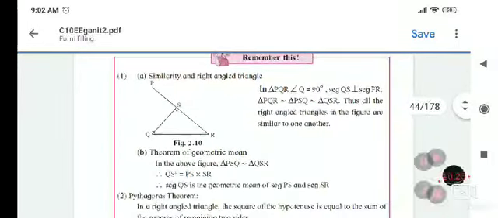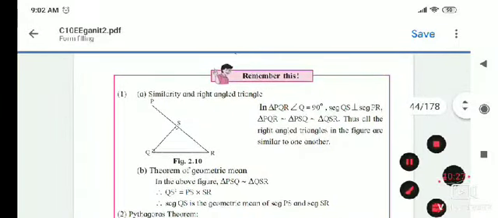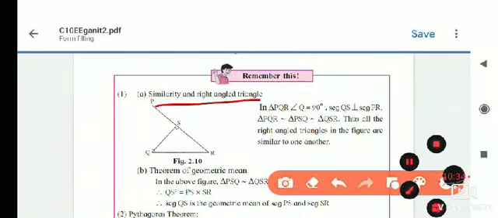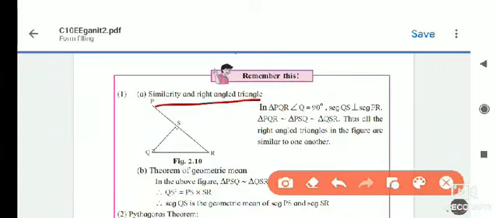Now these are the points to remember. What we had seen is similarity in a right angle triangle. In this right angle triangle, if QS is perpendicular on PR, then two triangles are formed, that is PSQ and QSR.